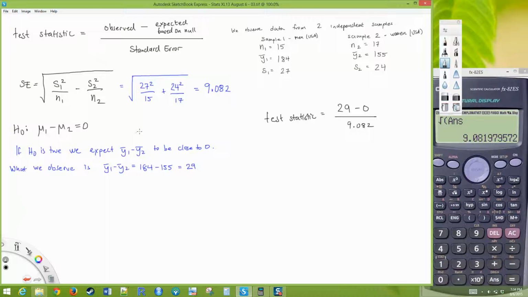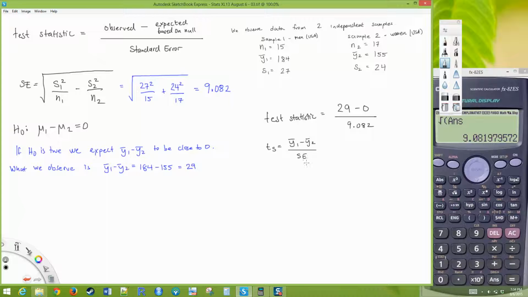Because the t-test for independent samples, the difference between means of independent samples, has an expected value of 0, a lot of times you just see this dropped out of the formulas. Sometimes you'll see the test statistic written as just y bar 1 minus y bar 2, our observed difference, and they leave off the minus 0 because there's no point in having it.